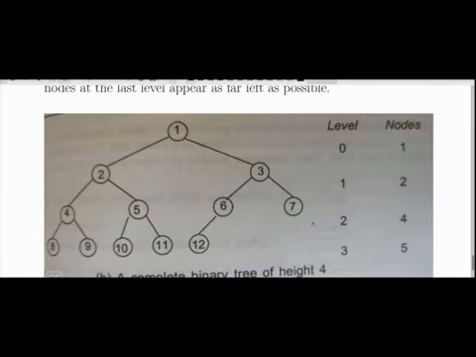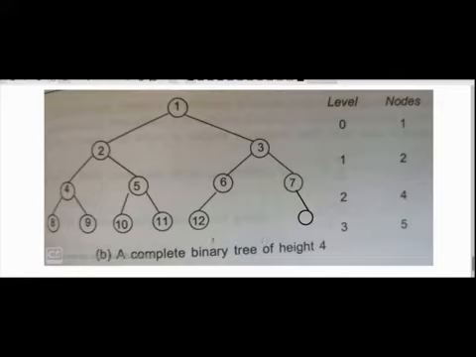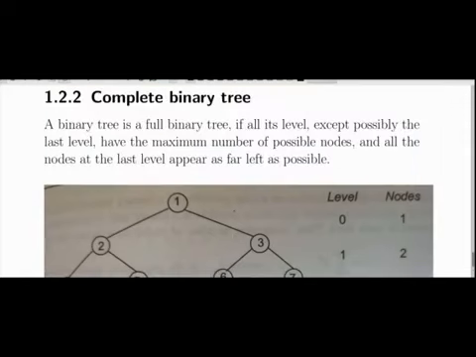So if you have a node like this, it won't be a complete binary tree, since you have a child node for 7. If it wants to be a complete binary tree, the configuration should be like this. All the nodes should be as far left as possible.